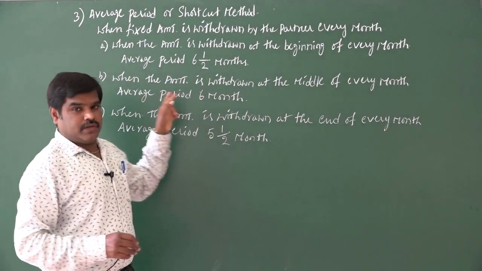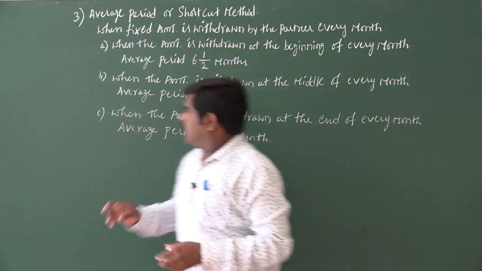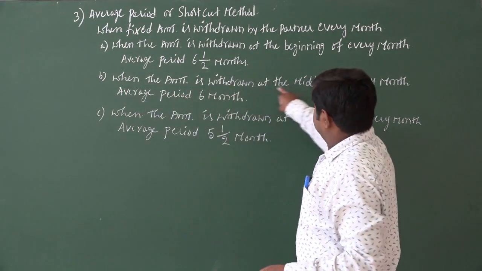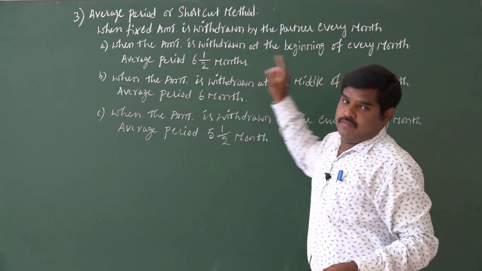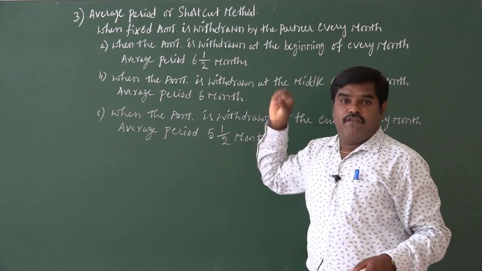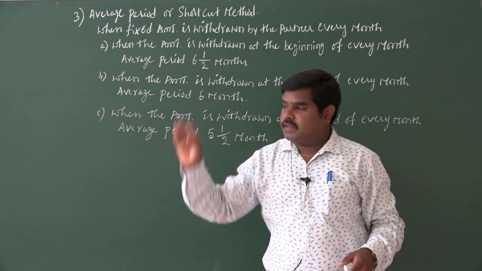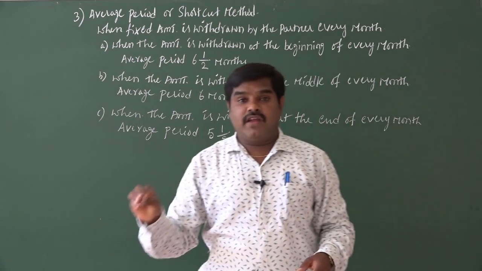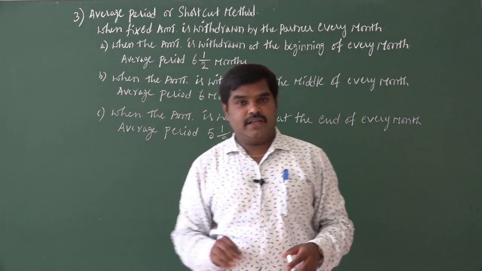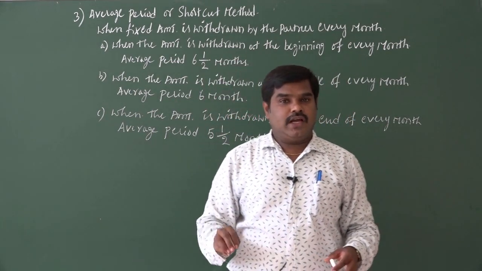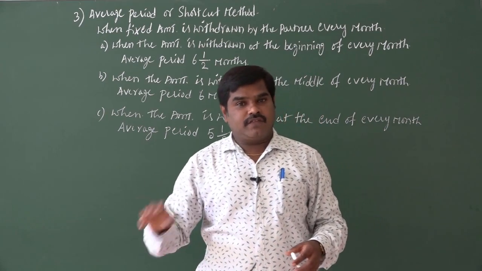So next, when the amount is withdrawn at the middle of every month. Middle of every month means 15th day of every month. For example, April 15, May 15, June 15, July 15, August 15, like that.